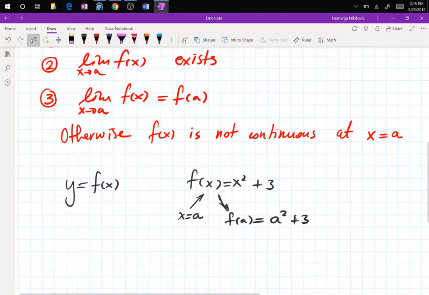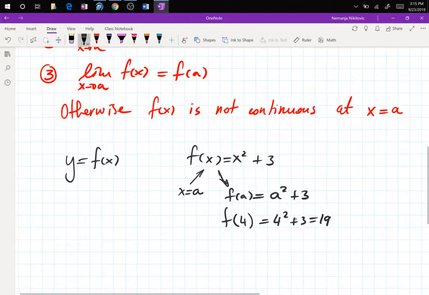So if a is, let's say, 4, you would have 4 squared plus 3, which is 19. So for this example, a is equal to 4, and f of a is equal to 19. Anytime you see a, b, and c, and f of a, f of b, those are particular numbers. f of x is a name which actually is a function, so anything can be plugged in.